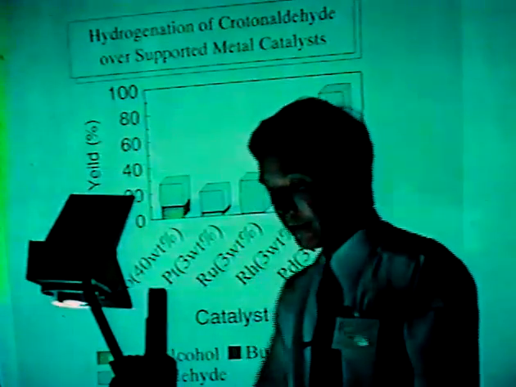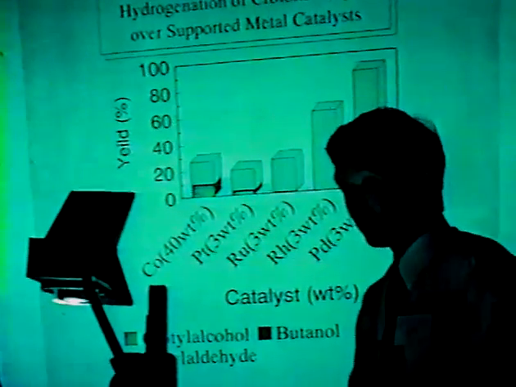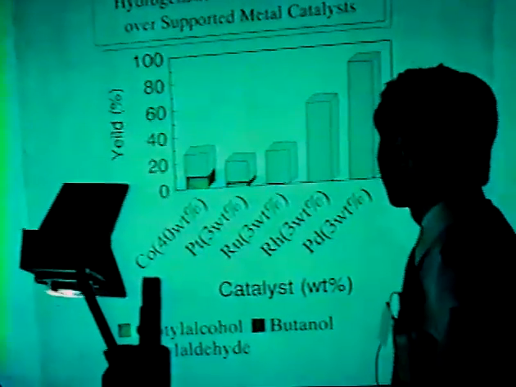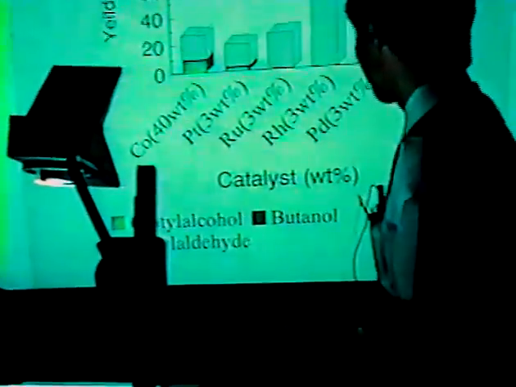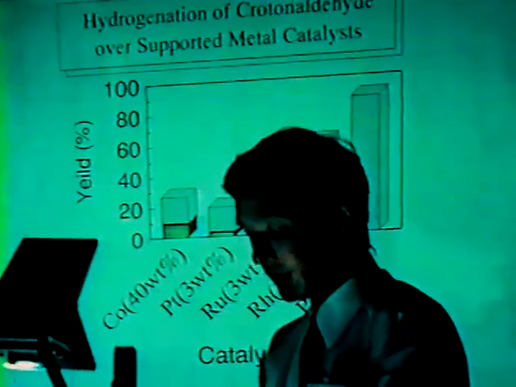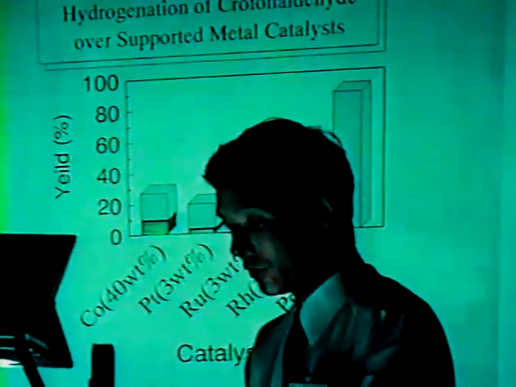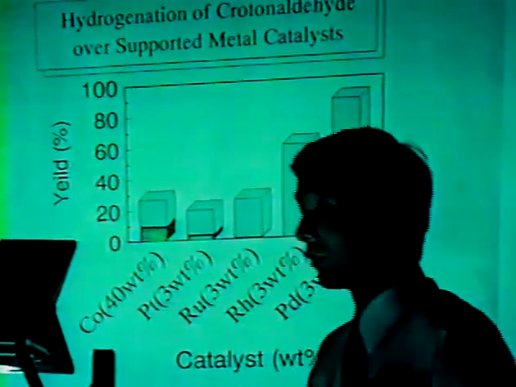First, we tried this reaction over various metal catalysts, group 8 metal catalysts supported on alumina. Noble metal catalysts such as ruthenium, rhodium, and palladium produced only butyraldehyde, and formation of crotyl alcohol was not found at all.